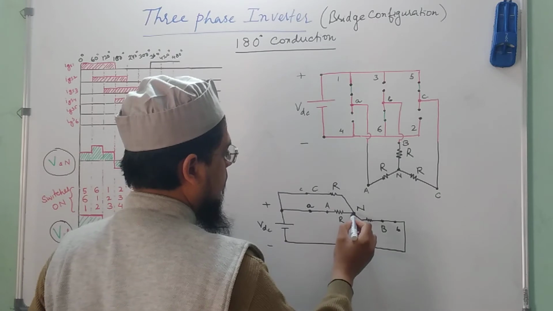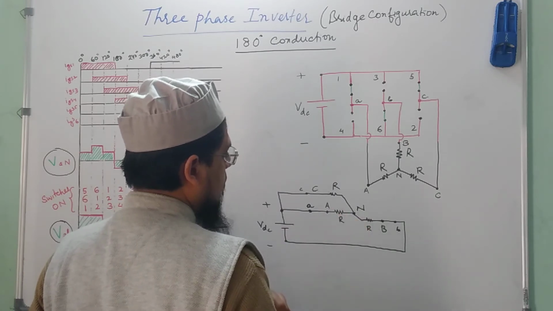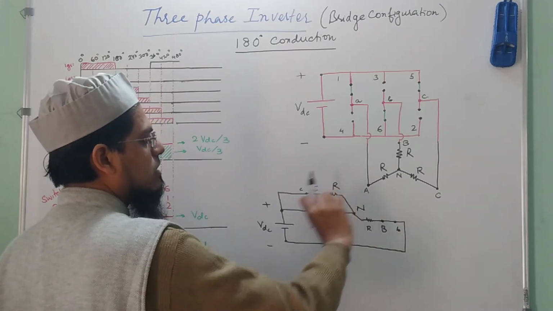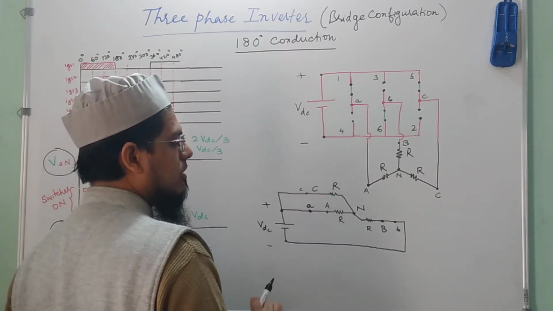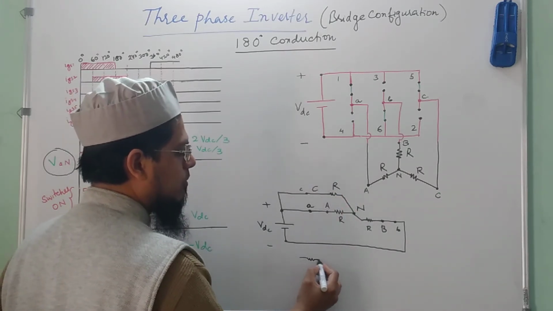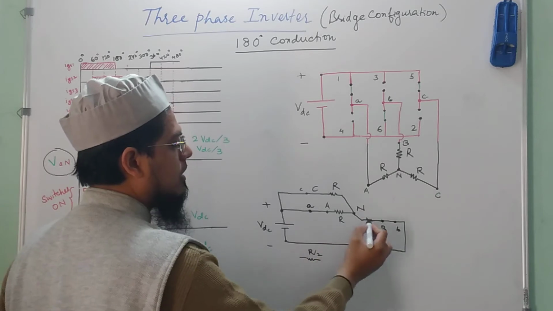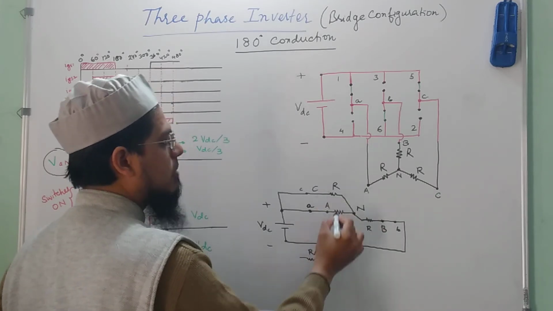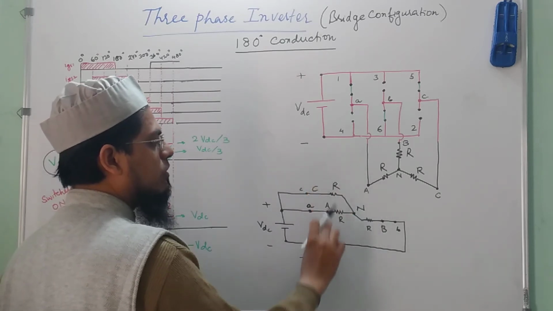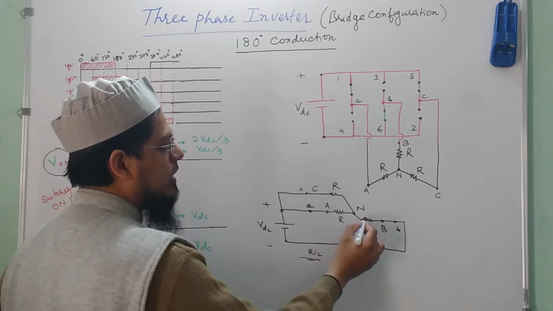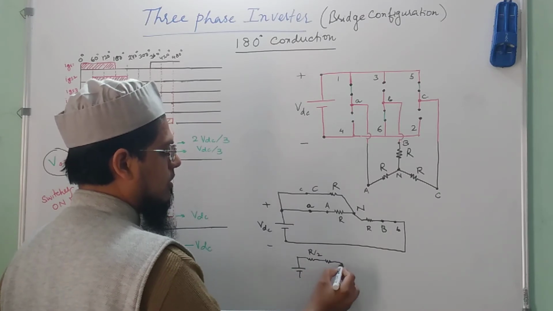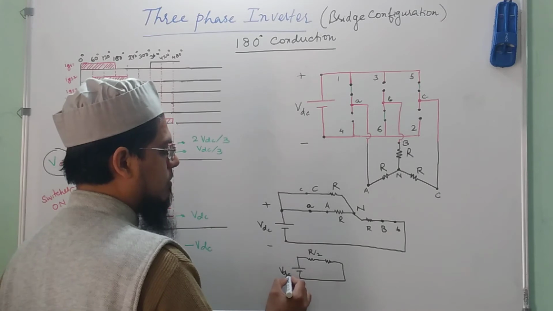So now let us try to find out the current that is flowing in the circuit. Okay. So these two resistances are in parallel, R and R, so the combination of them would be R by 2, and then it is in series with R. So this is the more simplified version.